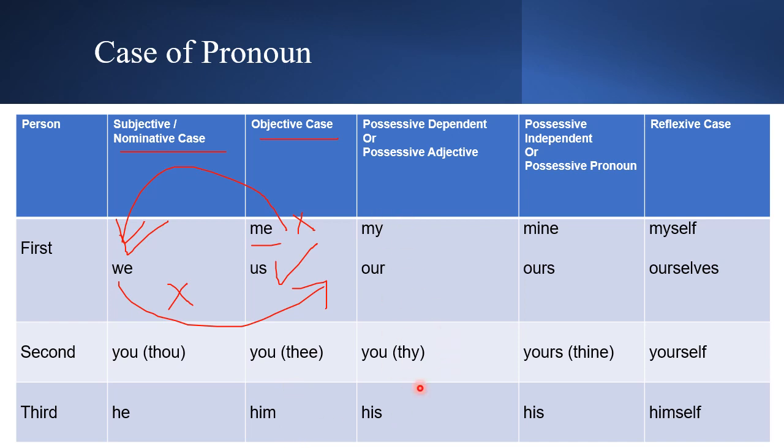These are the ones which show possession because they are possessive. Okay, and these are the ones which also show possession, but there's a difference. Now you could say this is my book, but you cannot say this is mine book. So you could say this is my book, so this book belongs to you, for example.